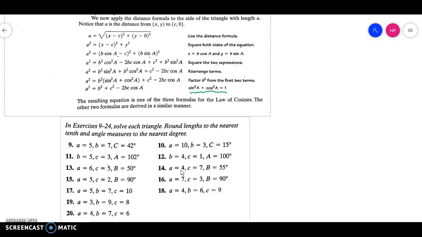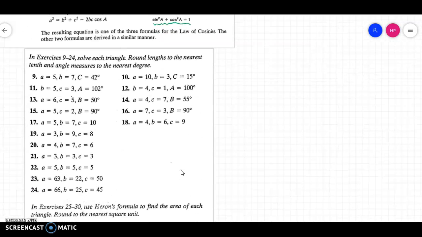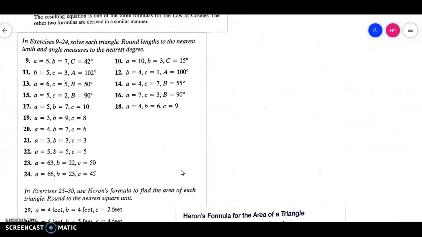You really just need to know what the law of cosines is, and then it's a matter of working through my triangle. So if we look at these examples here where we're just solving each triangle, we'll take a look at number 10. So side A, little a, is 10, b is 3, and angle C is 15.